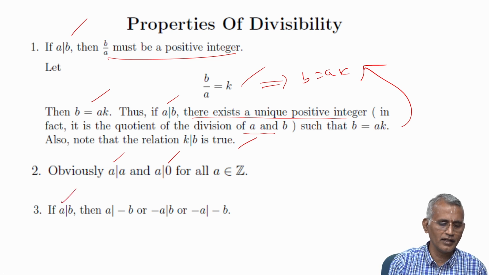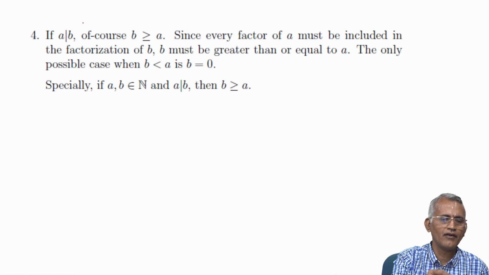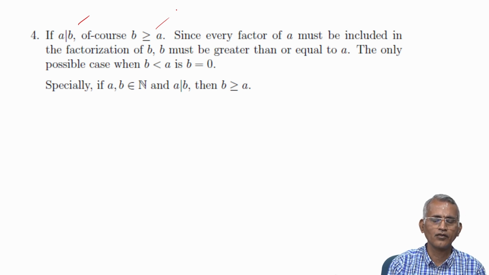If A divides B, then A divides minus B, and minus A divides B, and minus A divides minus B are also true. If A divides B, of course B must be greater than or equal to A; you have to assume that. B equal to A also divides exactly, but B less than A does not.